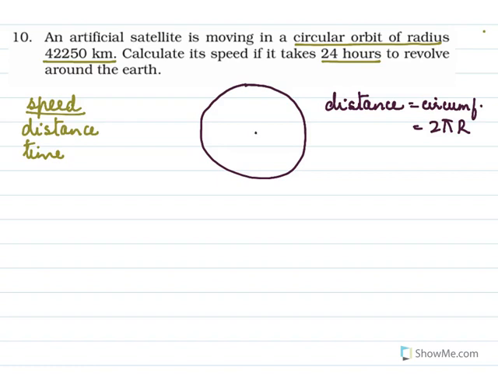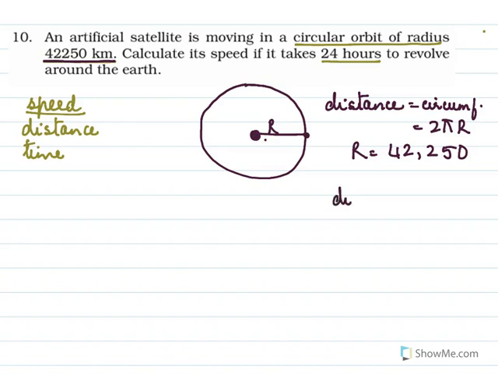Now the r will be here 42,250. So this r, the radius in this case is 42,250. That is the distance between the earth and the satellite here.